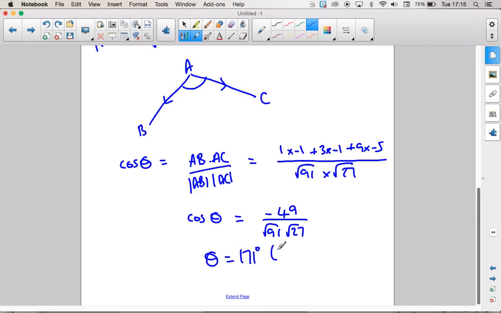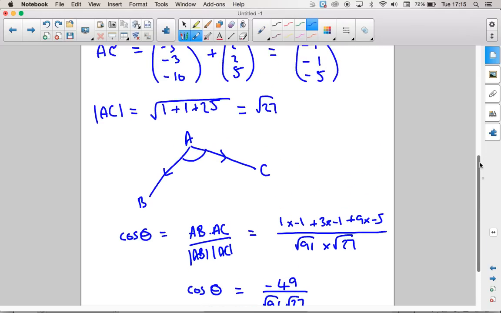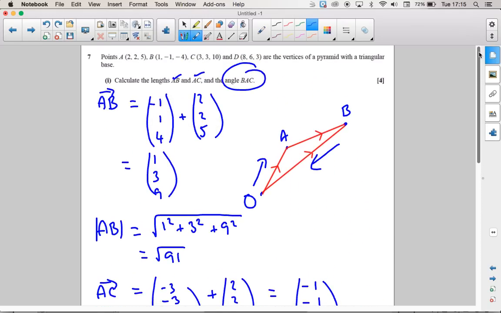So 3 significant figures, that's 171. That seems like a pretty crazy angle, but that is correct. You could have given it in radians, which would have been 2.99, but I prefer these questions in degrees. So that's all of that first question done.